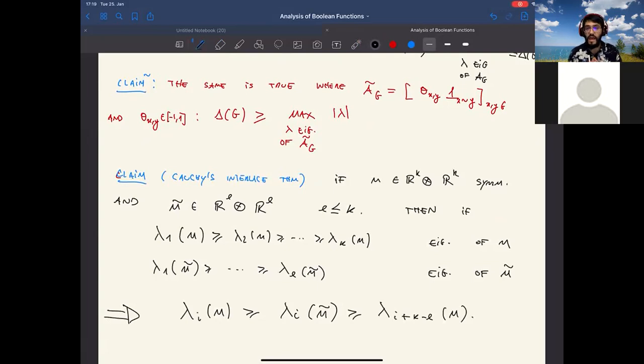Okay, there is a monotone property in the eigenvalues. This is reminiscent of the minimax results in linear algebra. I won't prove this result. You can Google it. It's accessible. You can find it on Wikipedia if you like.